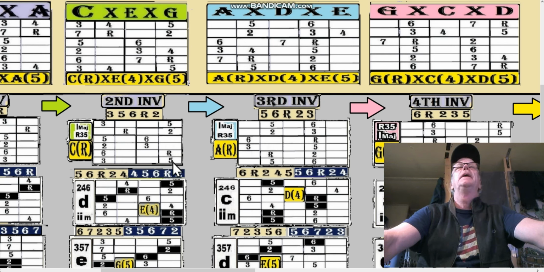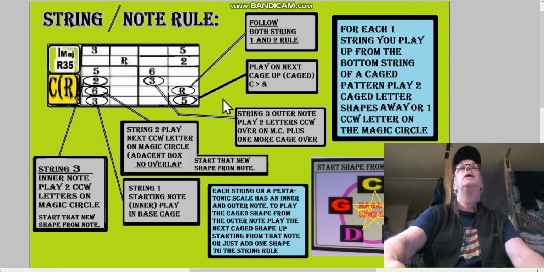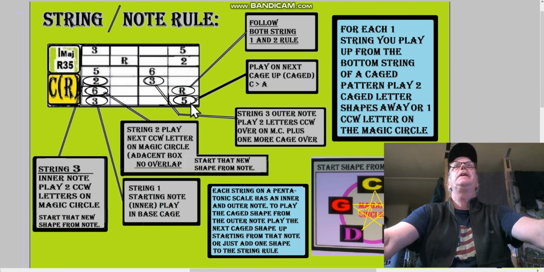All right, and the string rule says, okay, so this is the outer note. It says play the next cage up. C goes to the A shape. So we're going to play the A shape on that one.